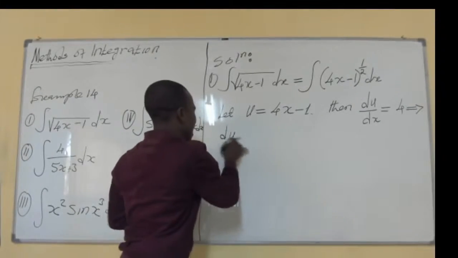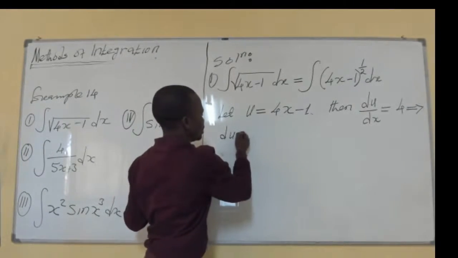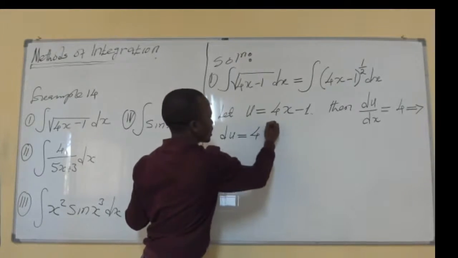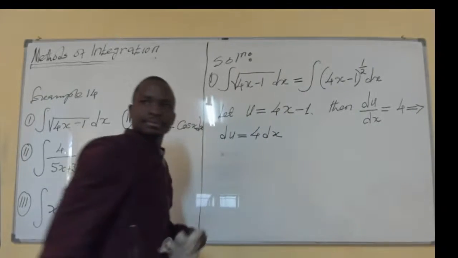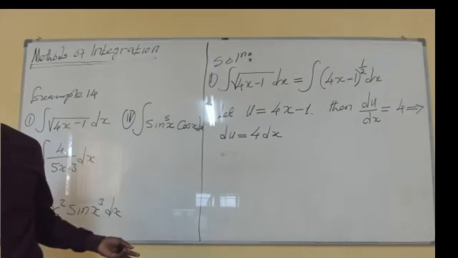You can also write it as du is equal to 4 times dx.